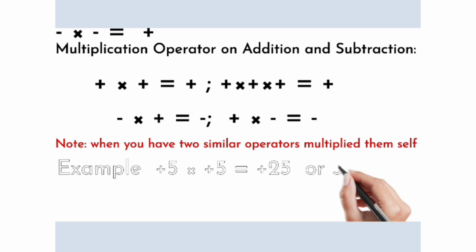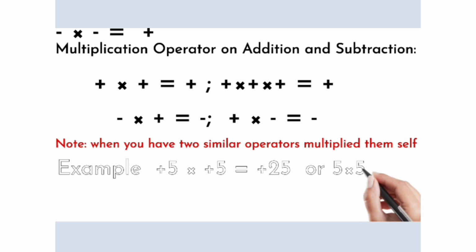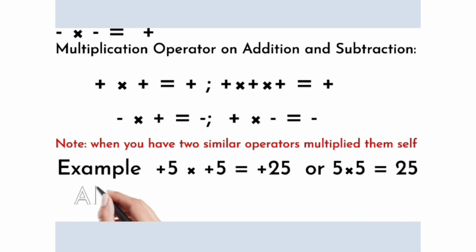It must be the operation, but the operation must occur an even number of times. If it is a negative operation, it must recur an even number of times. For example, 5 times 5, that is plus 5 times plus 5, will give you plus 25.